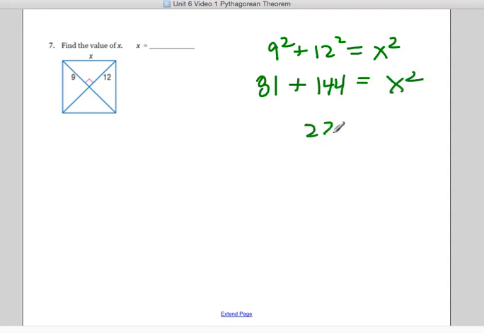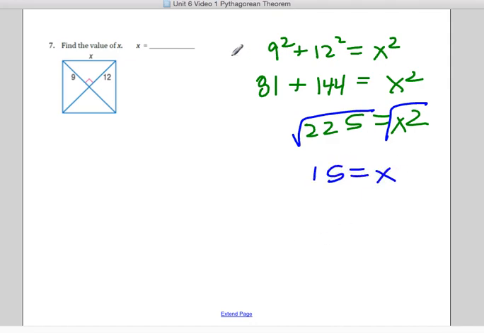Add them together, 225 equals x squared. Take the square root, so I would have 15 is equal to x. So this is an example of a Pythagorean triple, because I would have 9, 12, 15, and they were all whole numbers, so just something to take notice. So my answer for that one is 15.